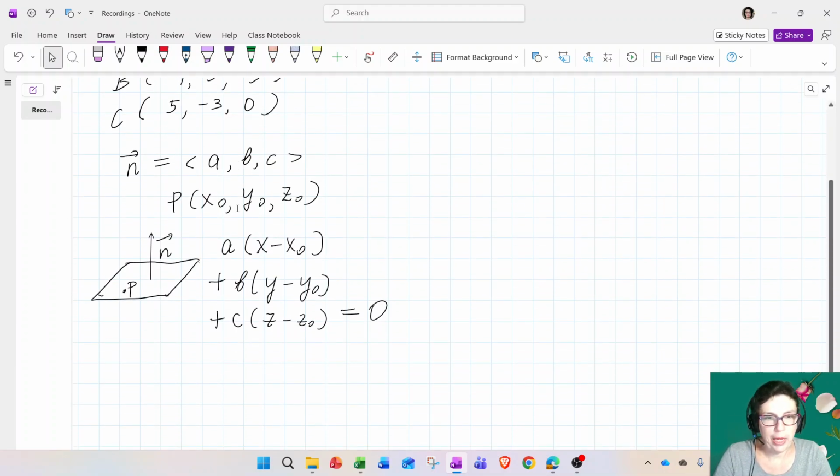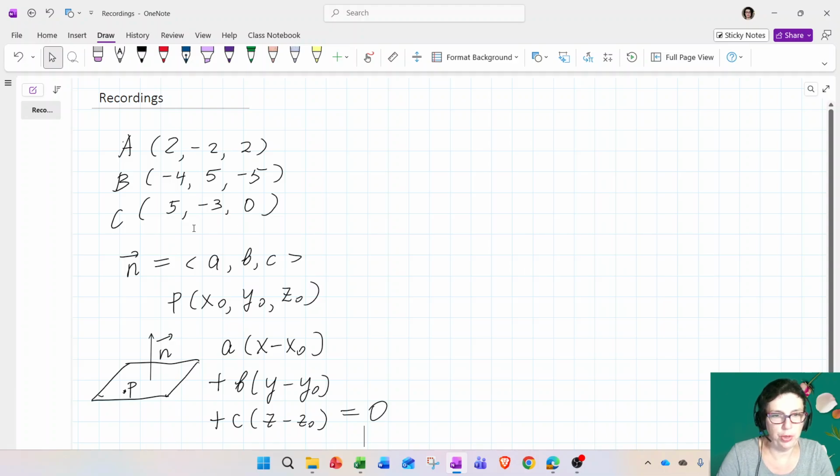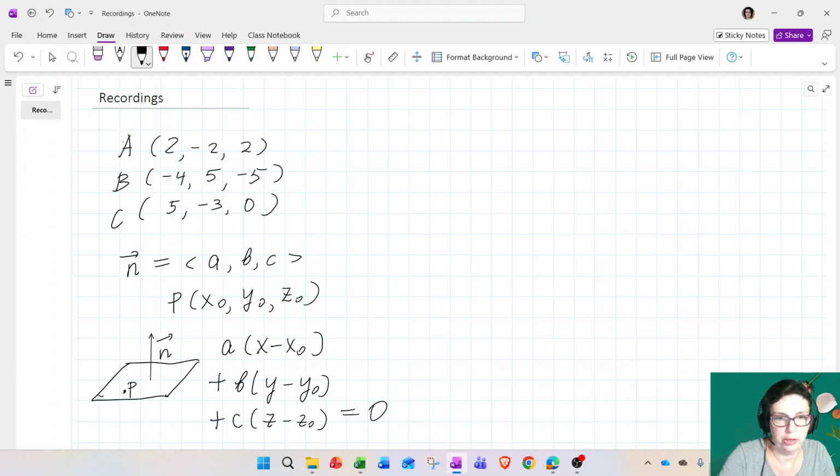Do we have a point on the plane? Well, actually, yes. We actually have 3 points, A, B, or C. So take your pick. Whichever one you want to pick, you can use for x0, y0, z0. In the end, because you're supposed to simplify, the simplified format should pretty much be the same, except for possibly a multiple that you can just divide the whole thing by.